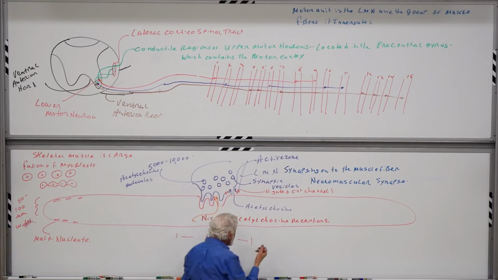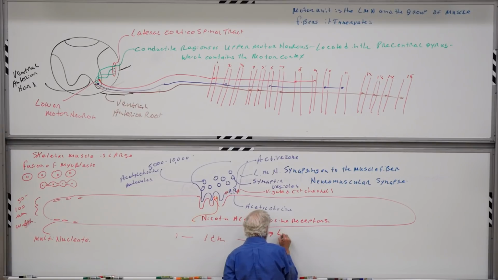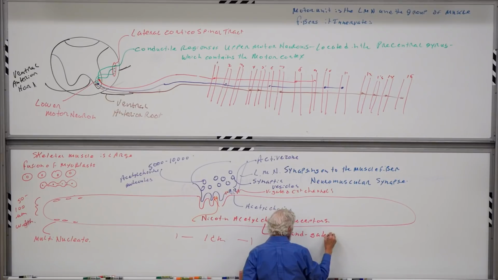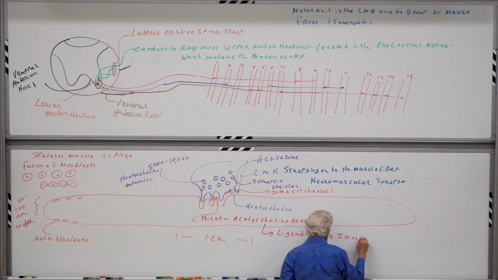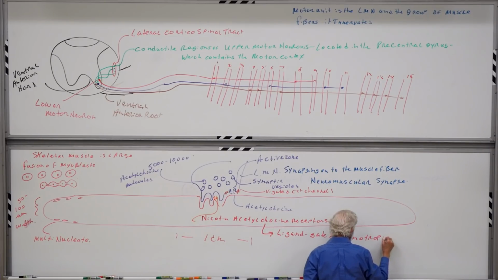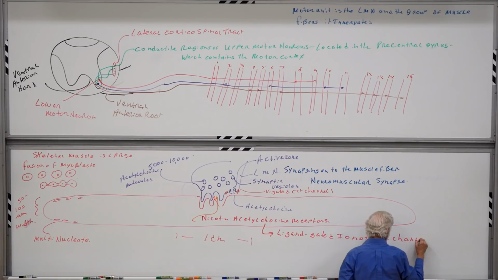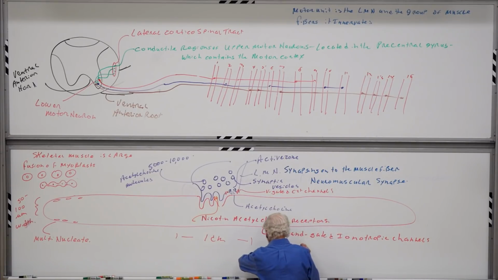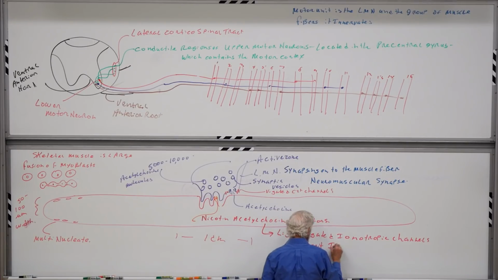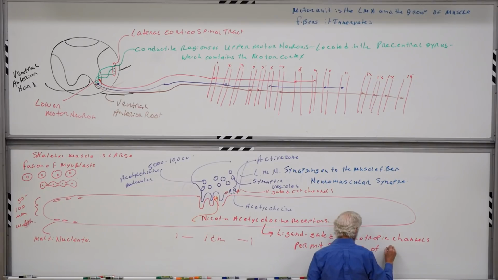And the nicotinic acetylcholine receptors are ligand-gated ionotropic channels. They're cation channels that permit influx of sodium ions.